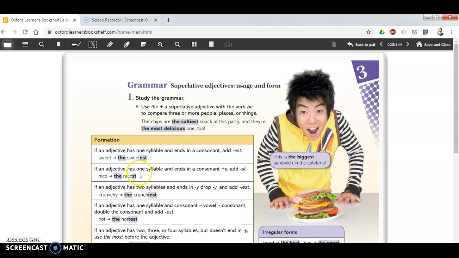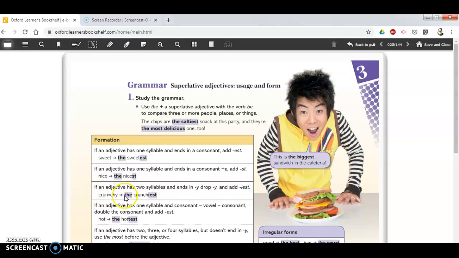You can see this on this chart to indicate superlative. If an adjective has one syllable and ends in a consonant plus E, add ST. So, nice, the nicest. We don't say the most nice, we say the nicest. If an adjective has 2 syllables and ends in the letter Y, we're going to erase the letter Y and we're going to add IEST.